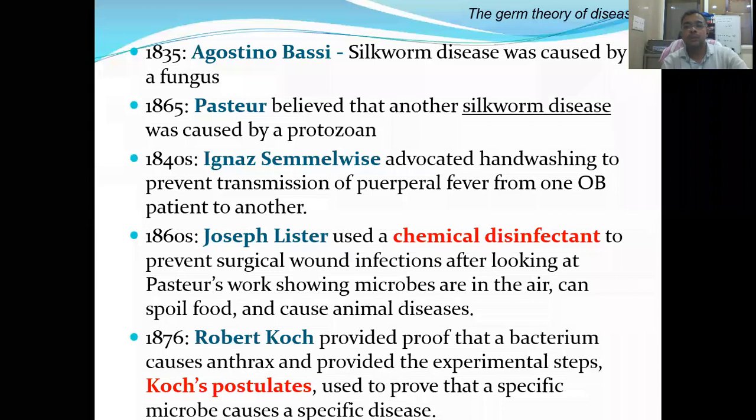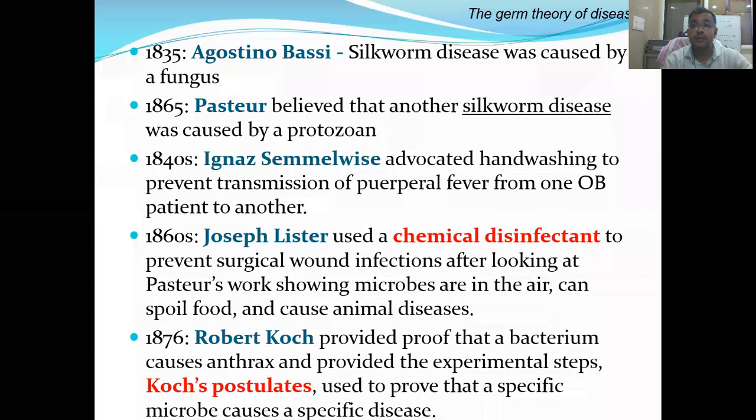So again, from this lecture, Koch postulate is an important question, and that is the only important question from this presentation. So Koch postulate, what Robert Koch did, he had given a 3 or 4 step experiment to prove the pathogen for a particular disease.